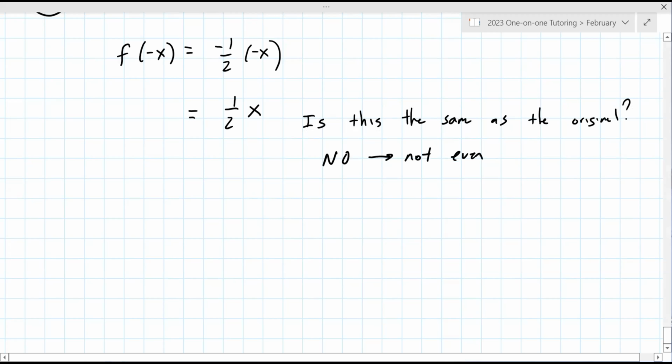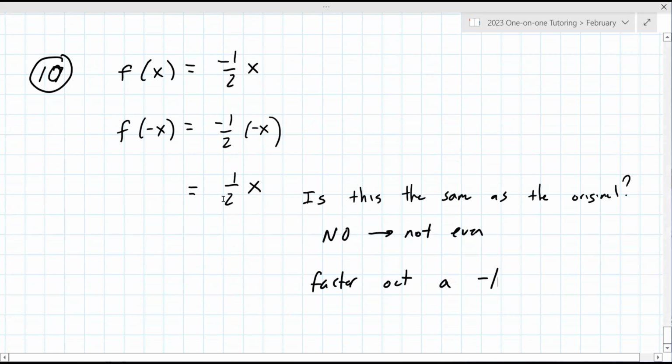So now, the next thing you do is you factor out a -1. And if you can factor out a -1, then it's odd. Well, this one doesn't have a negative. This is why this one's really awkward. So then would that make it neither?